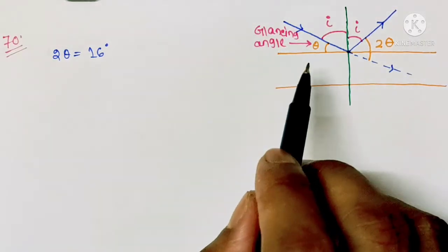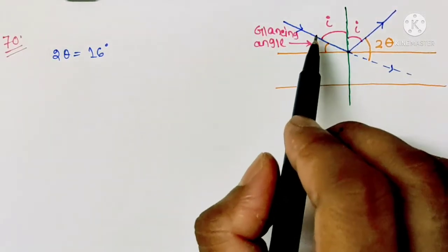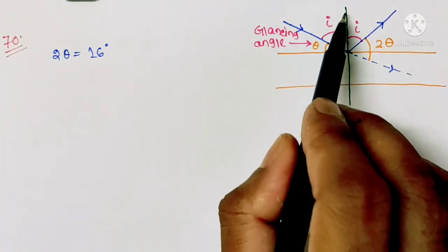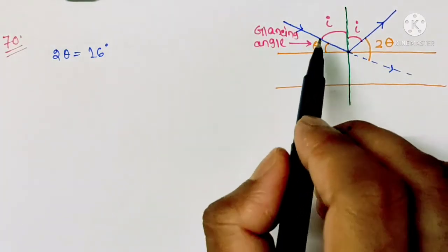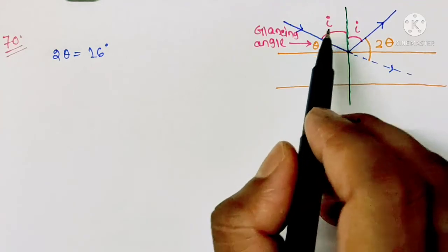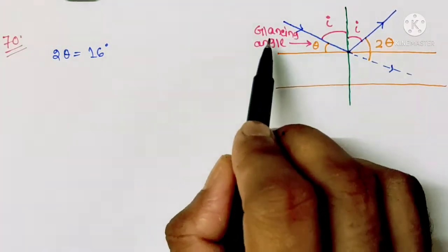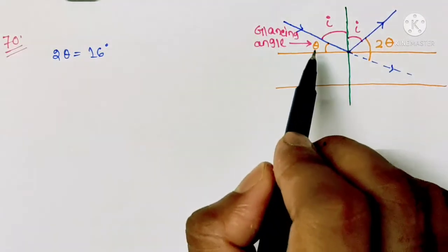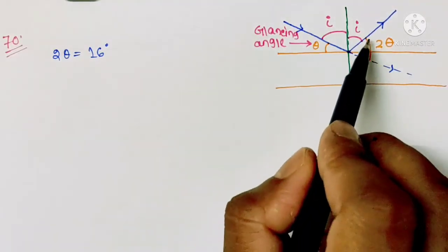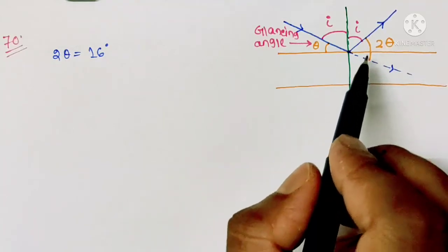So you should remember this: the angle between the incident ray and the normal to the surface is the angle of incidence, and the angle between the incident ray and the surface is the glancing angle. If that is theta, it will be 2 theta. You should do your geometry to see how it is 2 theta.